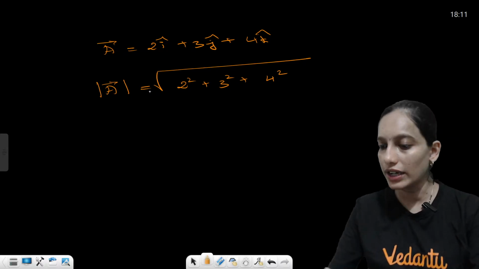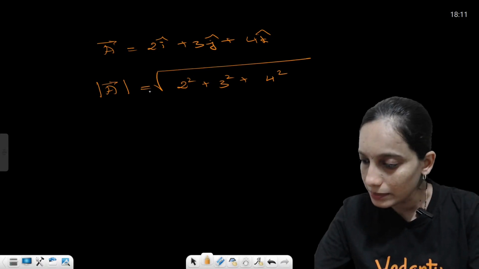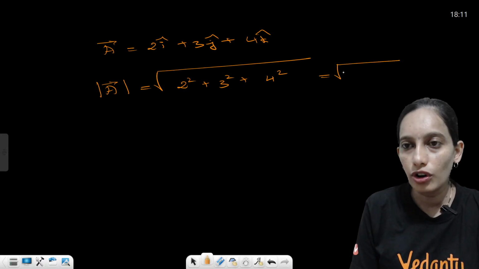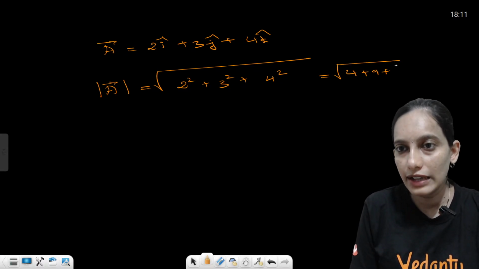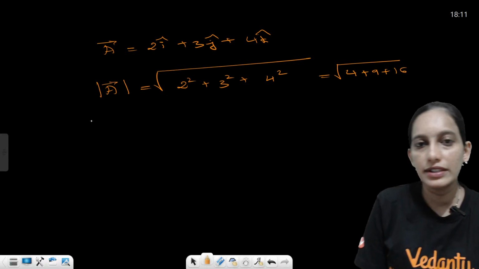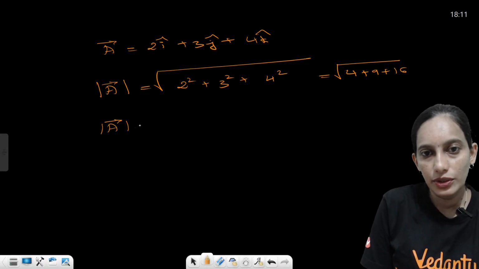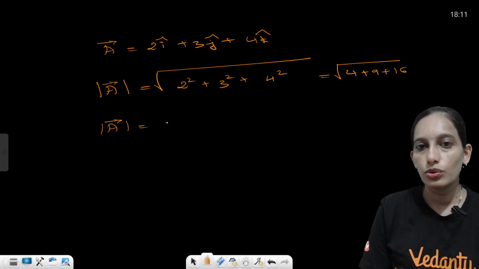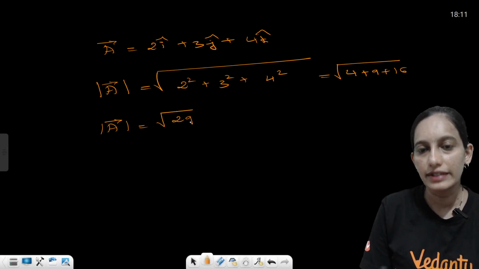Further simplifying, it is the square root of 4 plus 9 plus 16, which gives the magnitude of vector A as root 29.